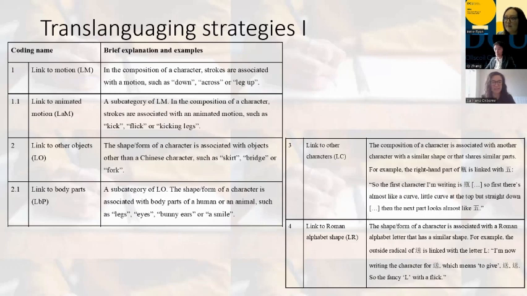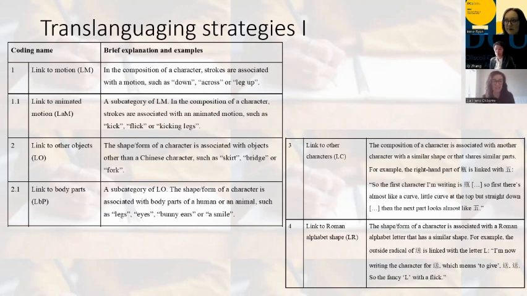The second coding name we can see is this link to other objects. So the shape or form of a character is associated with objects other than a Chinese character, such as a skirt, a bridge, or even a fork. So the shape of everyday objects, we can see that the students are relating the characters to. Sometimes, they wouldn't even have anything to do with the meaning, but it's just something that the students are reminded of when they're writing these characters.